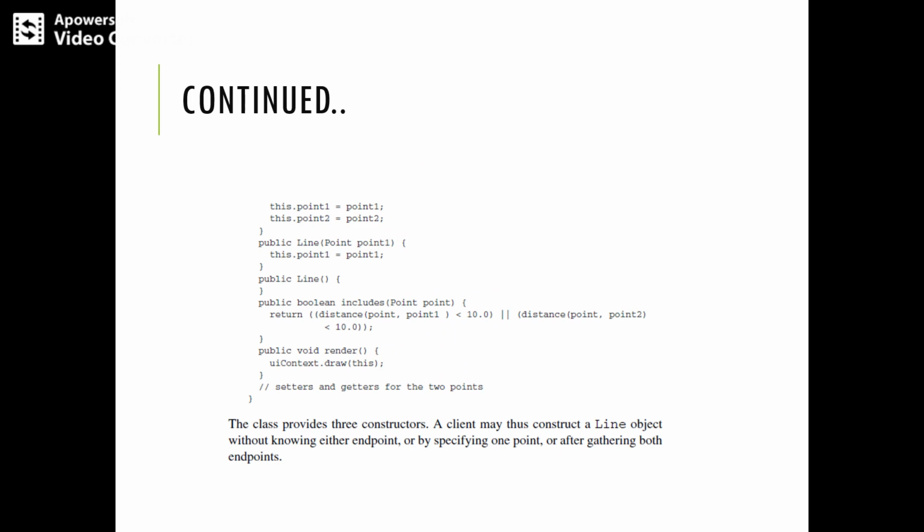Actually, the UI context significance, whatever this includes, that we have taken this point 1. So actually we had discussed that one. Public class Line extends Item.